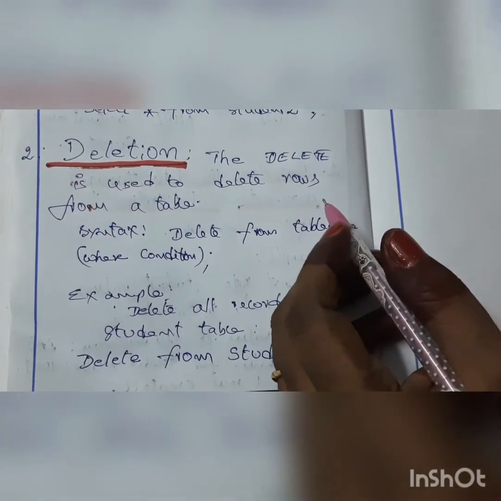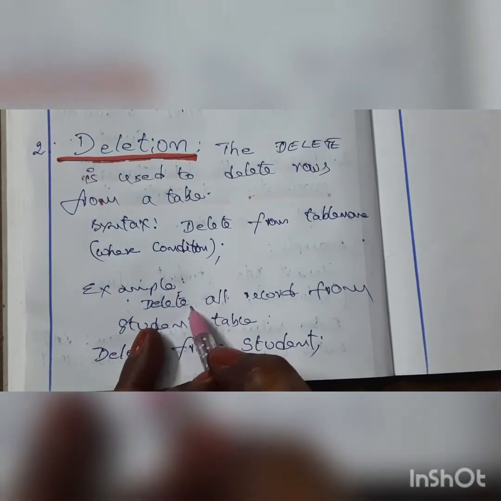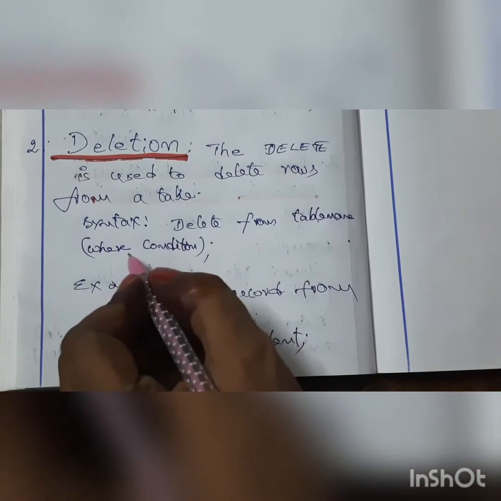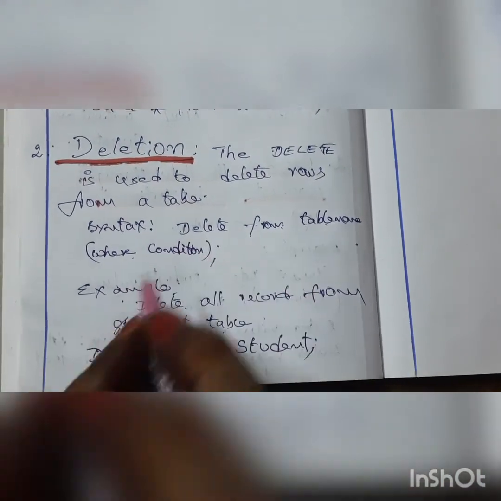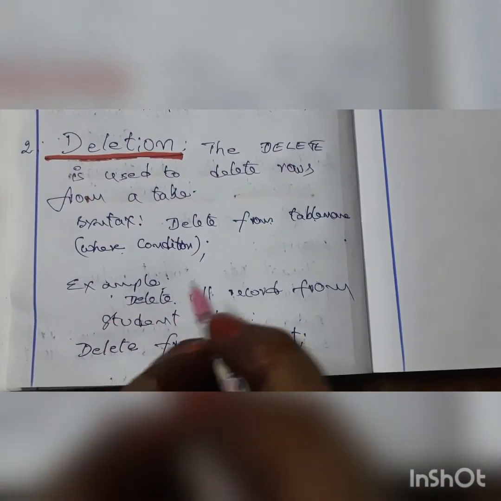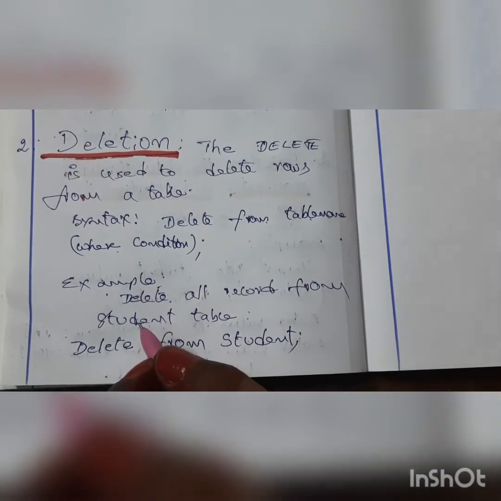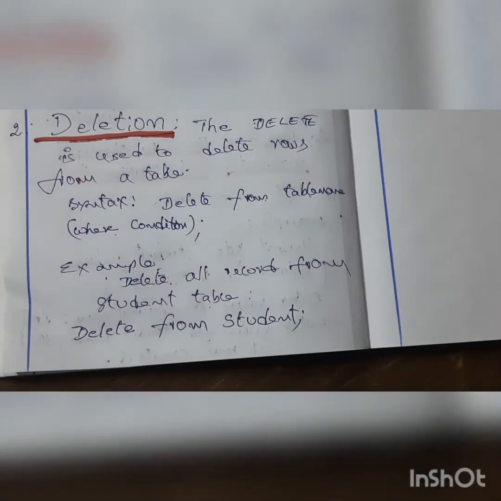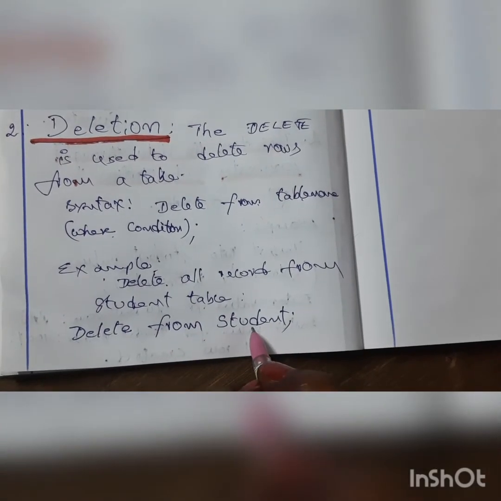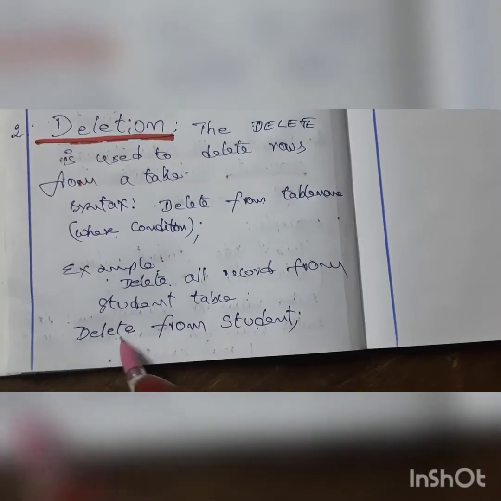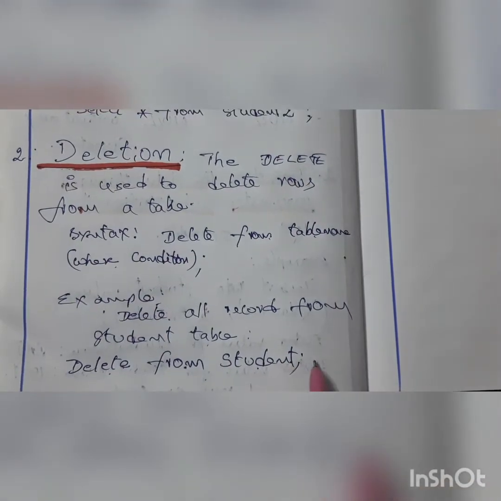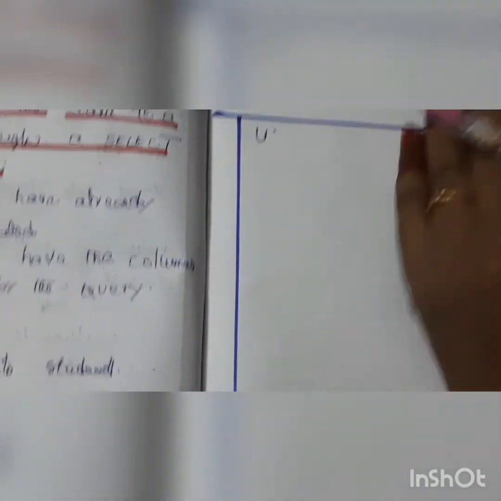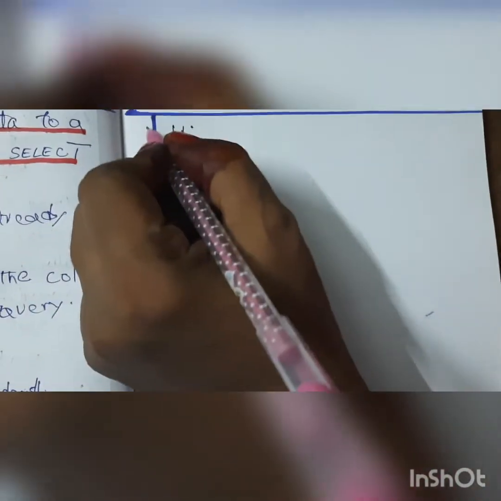The syntax of the delete statement is: delete from table name where condition. Example: if you want to delete all records from the student table, write delete from student, semicolon.